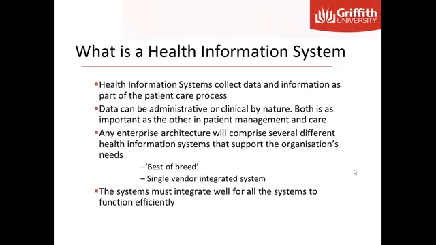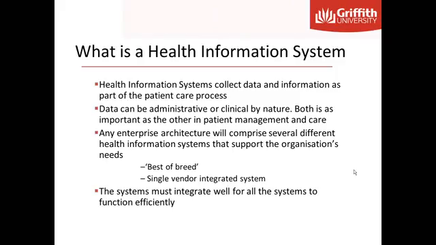We will look at the concept of enterprise architecture down the track, but it's essentially a roadmap which spells out the different information systems we have in an organization, which may take on these systems as best of the breed. So they may go out there and buy the best system, let's say for the patient management system, or they could stick to one vendor and have those different systems integrate together.